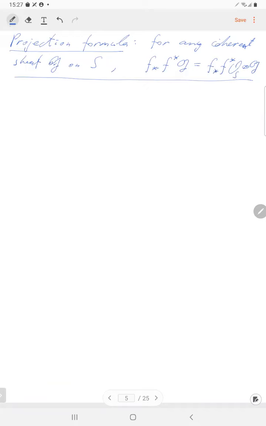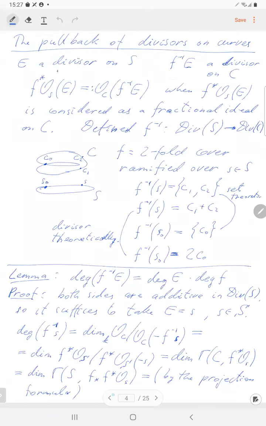Okay, so now let's apply it to our situation.